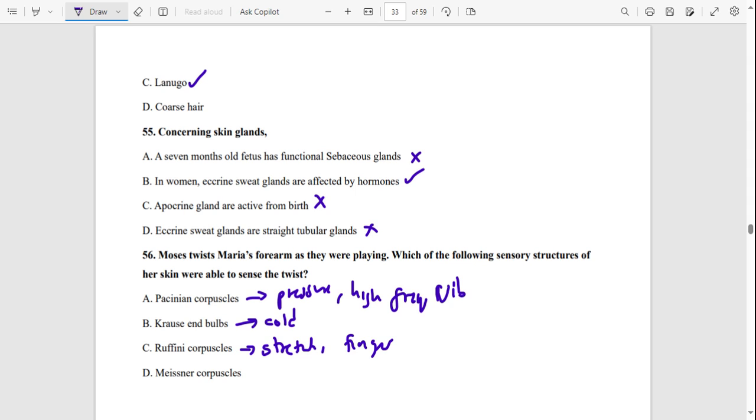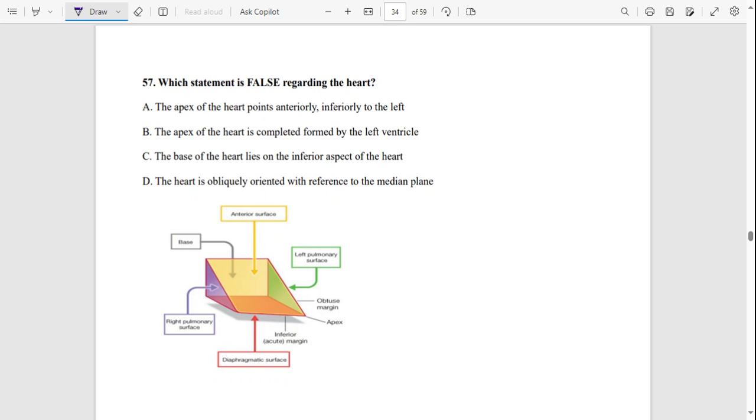And then the Meissner corpuscle, these ones are involved in feeling touch and also low frequency vibrations. So here, the sensory structures of the skin which are able to sense the twist. So twist is some kind of stretch. So that is the Ruffini corpuscle.